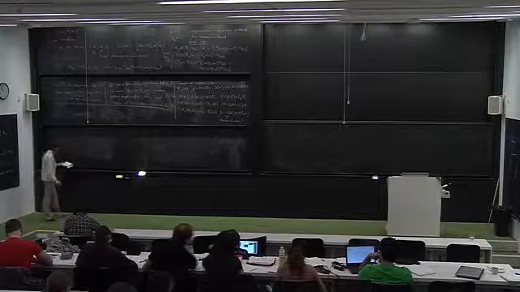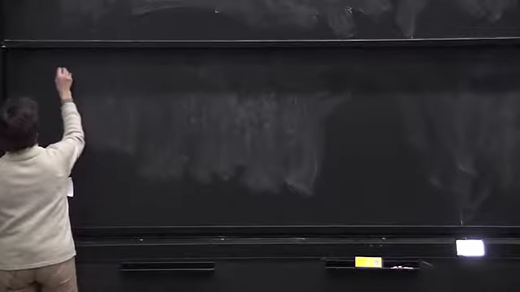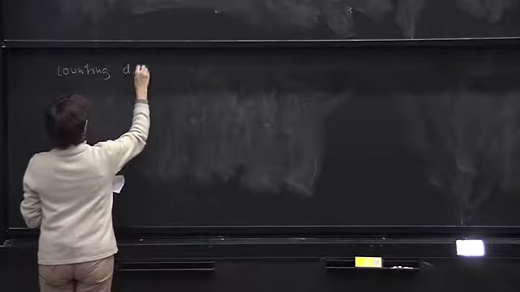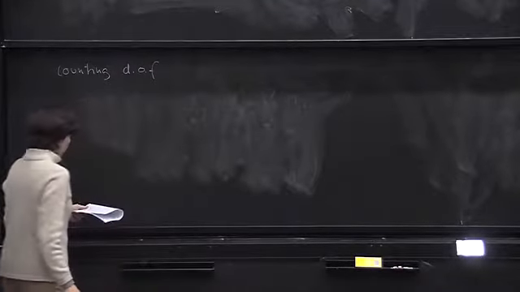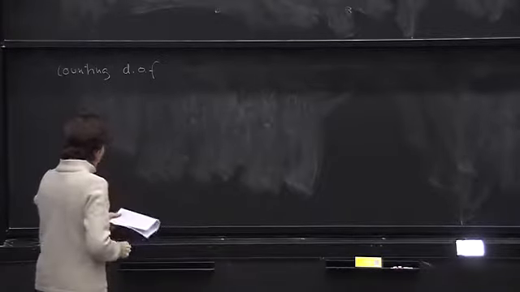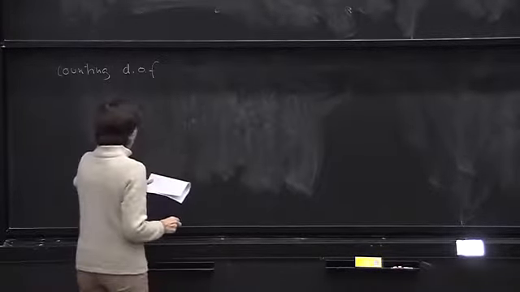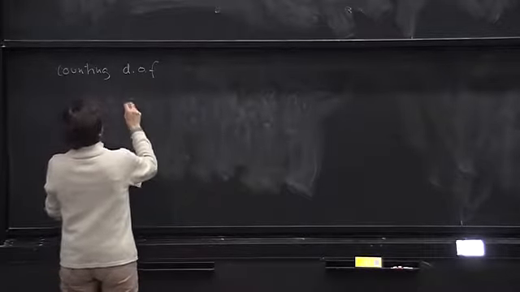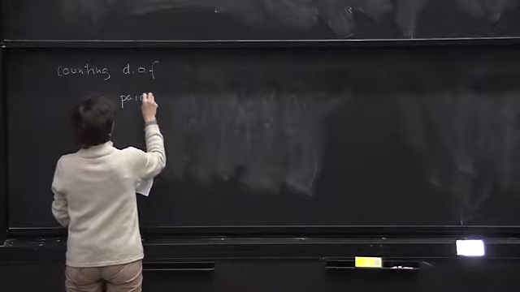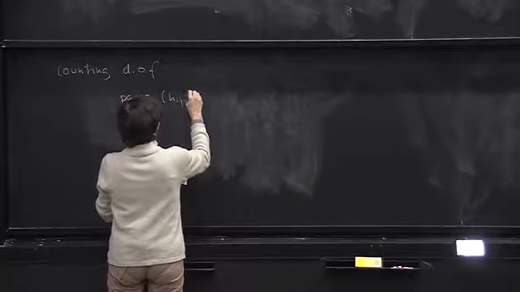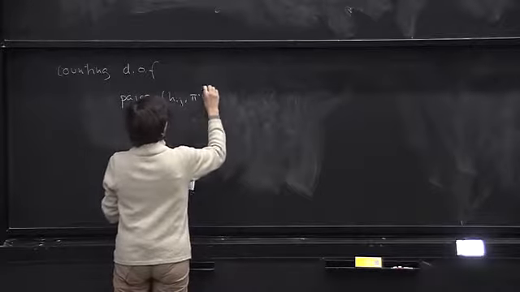Let me finish with a little degree of freedom counting. Now I have identified that I'm talking about a first-class system. I was starting with pairs h_ij, pi^ij.